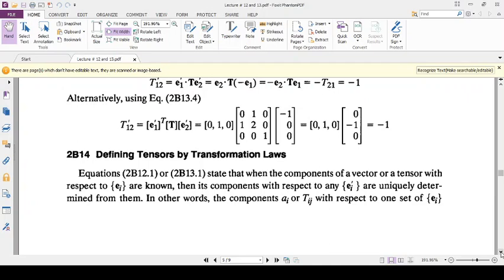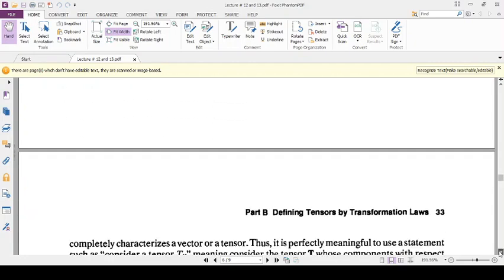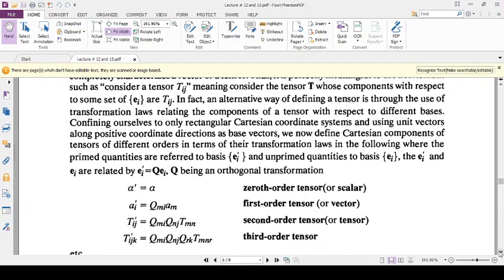So we will start. As we have already seen the transformation law of the components of a vector, and then the transformation law of components of a tensor, we will generalize these two transformation laws. So we have seen that ai dash equals qmi am.